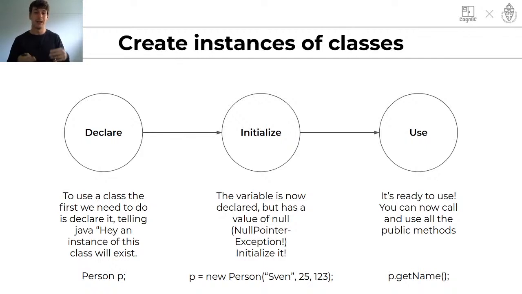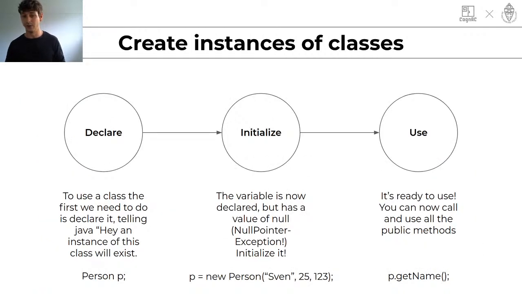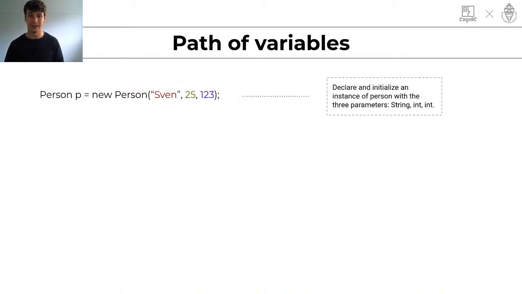What you see a lot is the NullPointerException, and it is always caused by an object that is declared but not yet initialized. Before you can actually use the class, you need to initialize it, in this case by saying p is new Person with a string and 2 integers. That was the setup that I had in my constructor, right? The string and the 2 integers. Once you've declared and initialized it, that's when you can actually use the class.